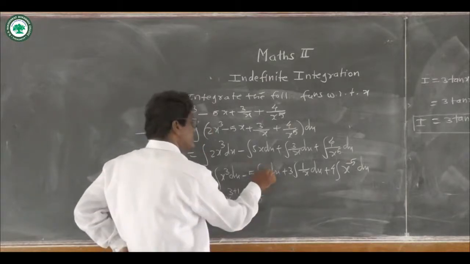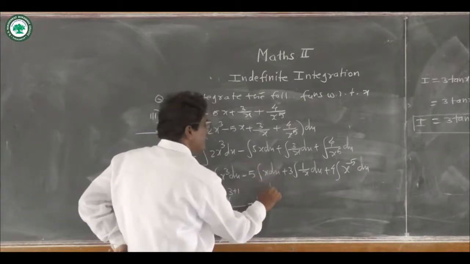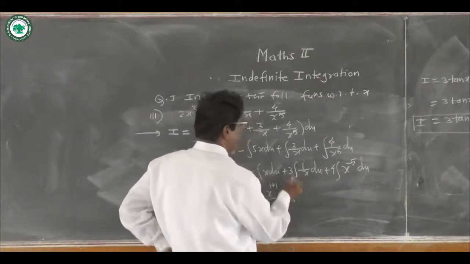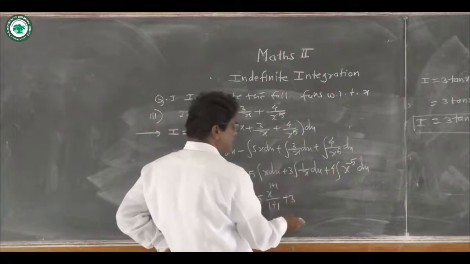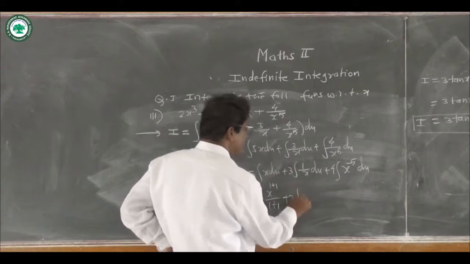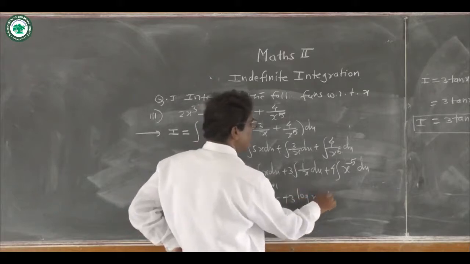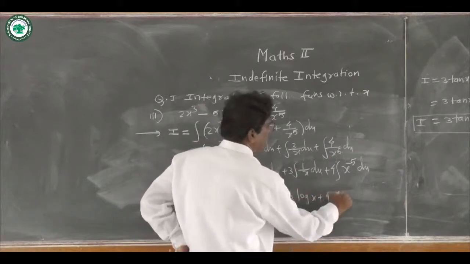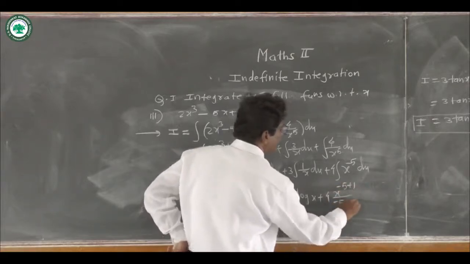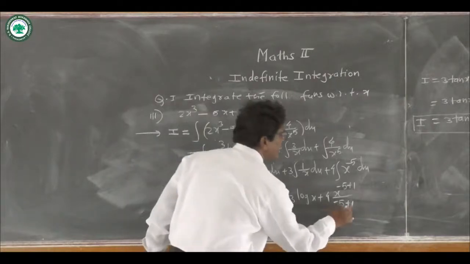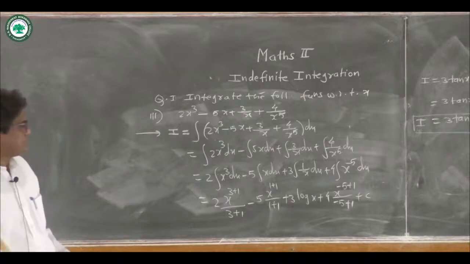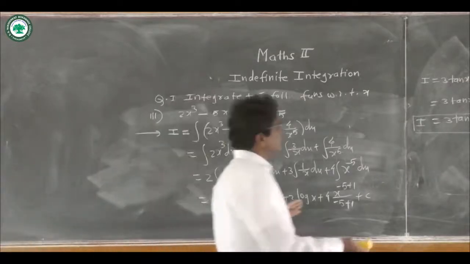The power of x is 1, so we write 1 plus 1 divided by 1 plus 1, plus 3 times integration of 1 upon x dx. 1 upon x is the derivative of log x, so integration of 1 upon x is log x, plus 4 times x to the power minus 5 plus 1 divided by minus 5 plus 1, and lastly we write plus c, where c is the constant of integration. Now the final solution.